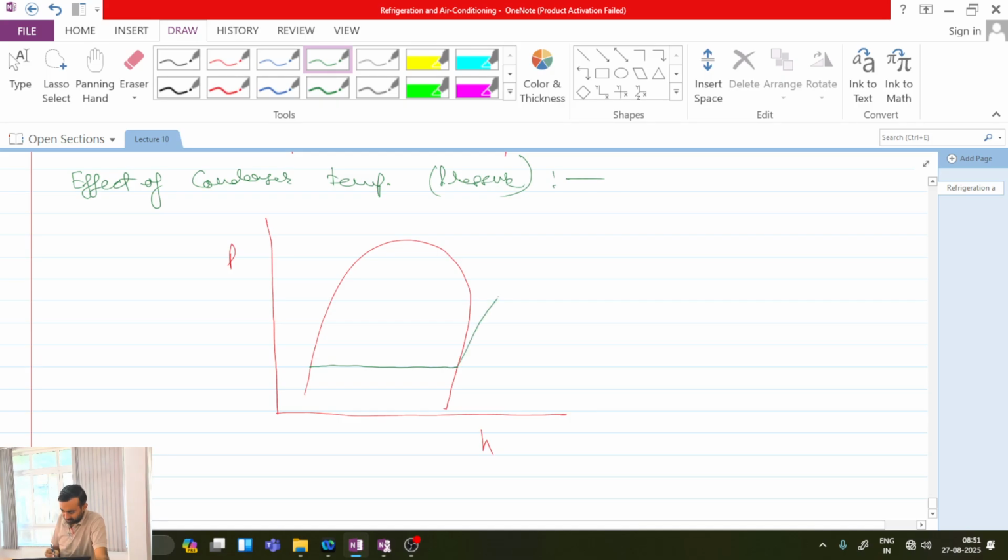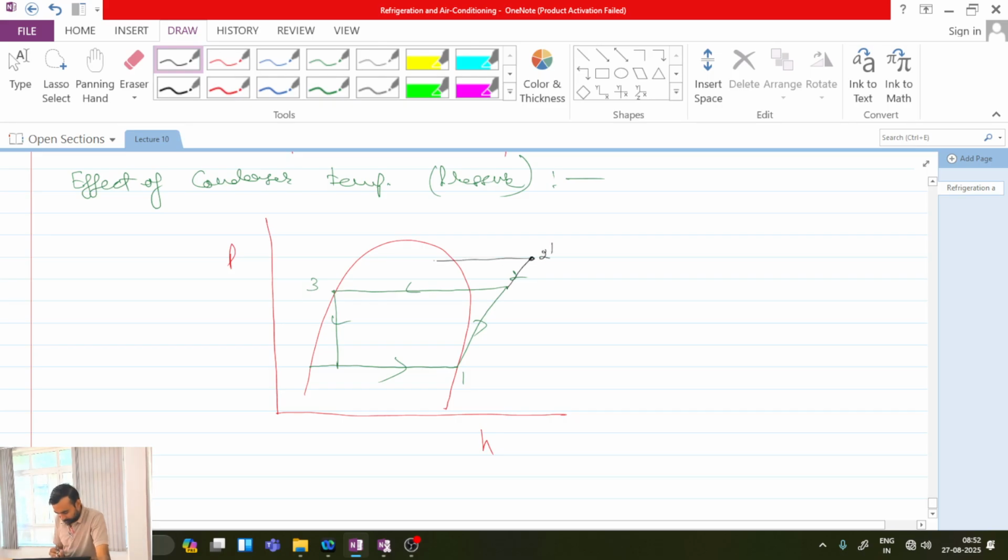Now you see, if I increase the condenser pressure or condenser temperature, what will happen? Instead of this point, I will go up to some point 2 dash.